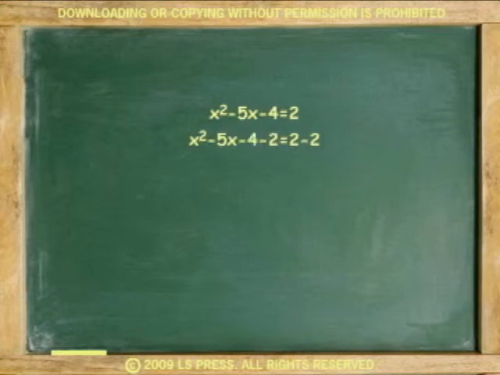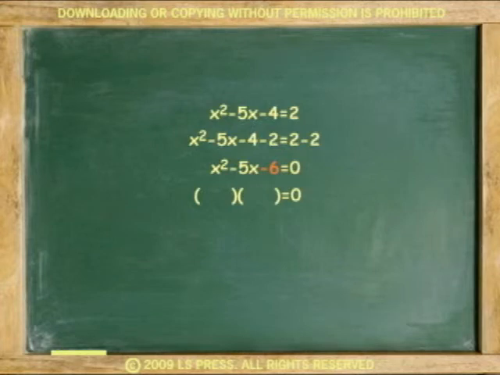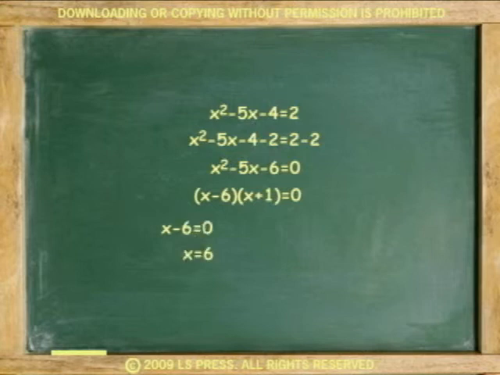Move 2 to the left side and add to -4. X squared minus 5x minus 6 equals 0. Factor. What two numbers when multiplied yield negative 6 and when subtracted negative 5? X minus 6 times x plus 1 equals 0. X minus 6 equals 0, x equals 6. X plus 1 equals 0, x equals negative 1.